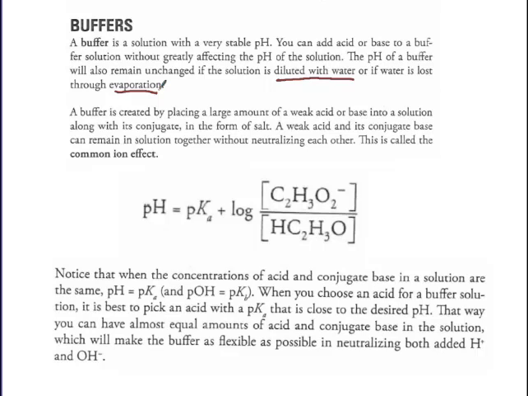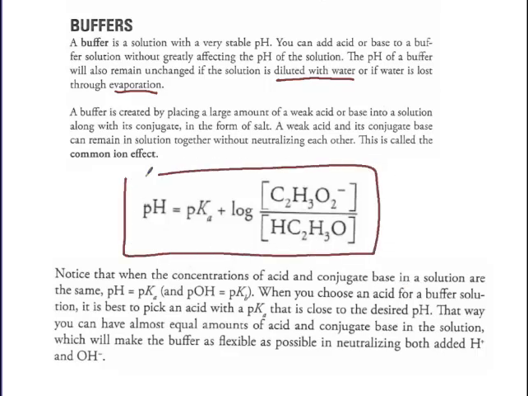In order to have a buffer, we need a weak acid and its conjugate, or a weak base and its conjugate. To calculate the pH, we can use the Henderson-Hasselbalch equation, which is located here. So pH equals pKa plus log of the base over the acid concentration. And this is an important part here.